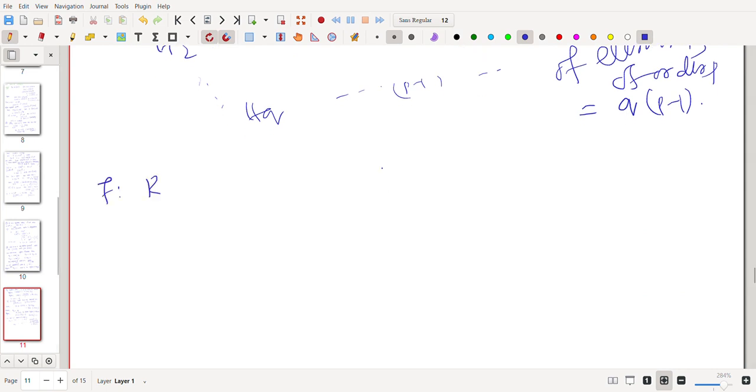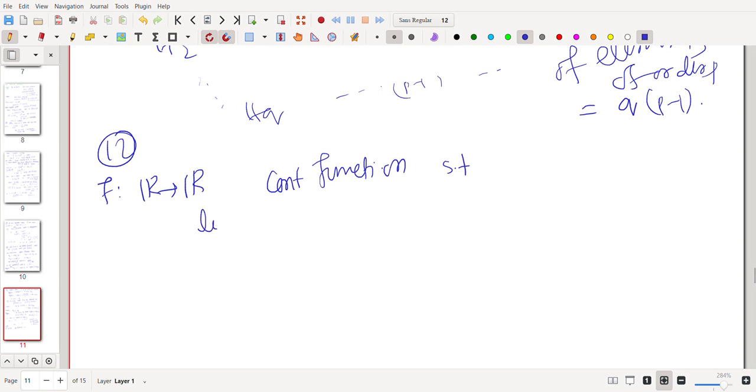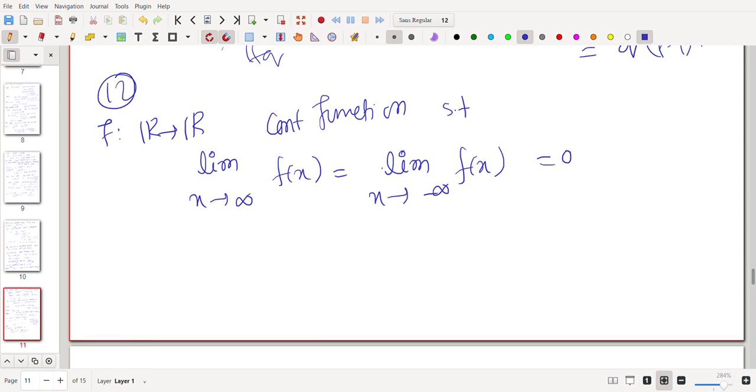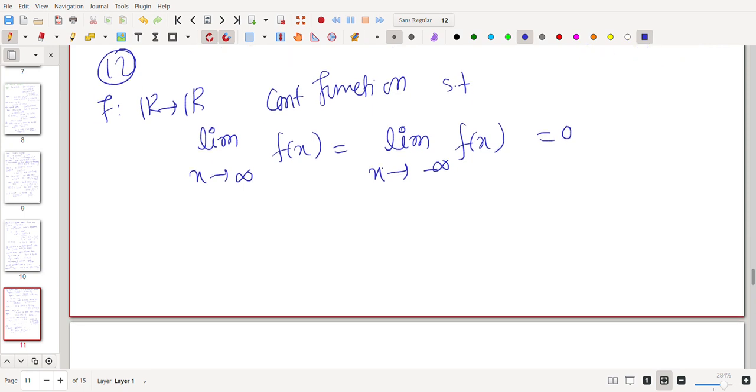Another problem. It is given that f from R to R is a continuous function such that the limit as x goes to infinity of f(x) equals the limit as x goes to minus infinity of f(x), which is 0.